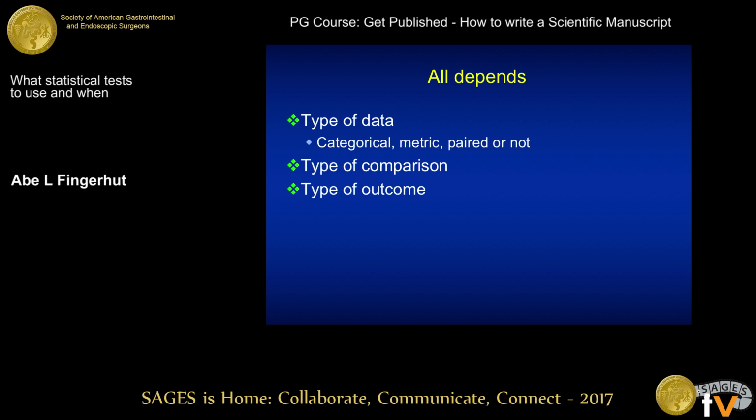Are you looking at the predictive value of a diagnostic test, of the sensitivity of a specific investigation? Are you looking at survival? Cancer-related survival? Recurrence-free survival? Long-term results of a Nissen fundoplication? All these factors intervene in the type of statistic that you're going to be using.